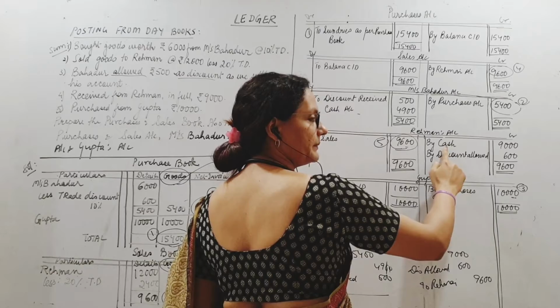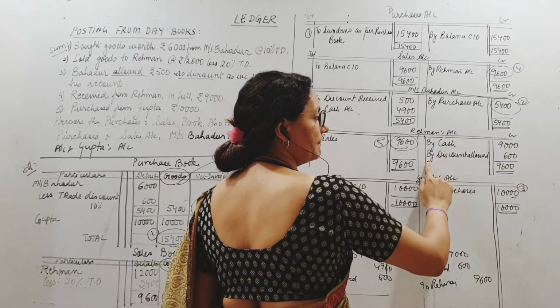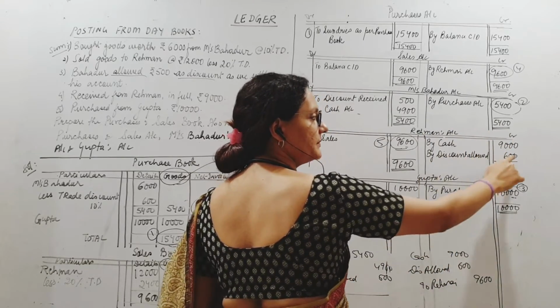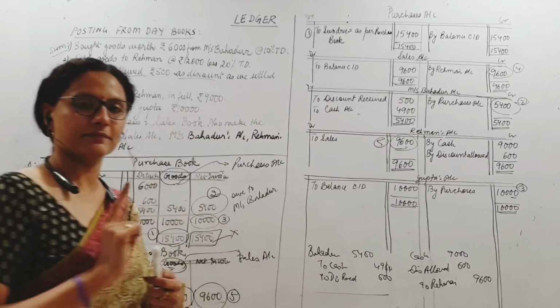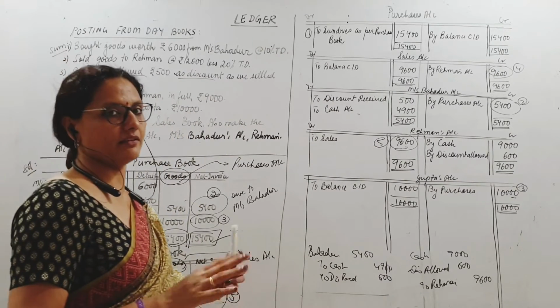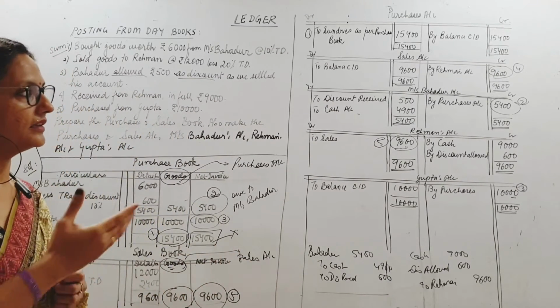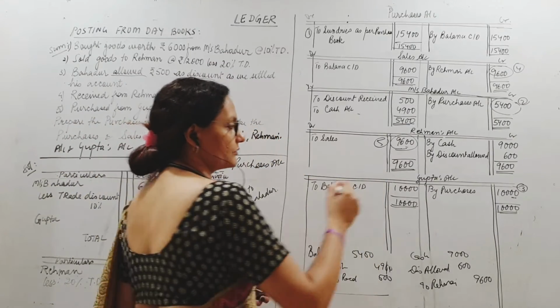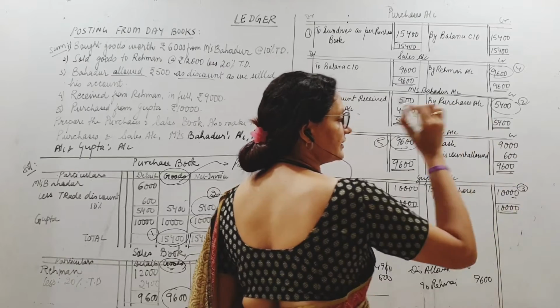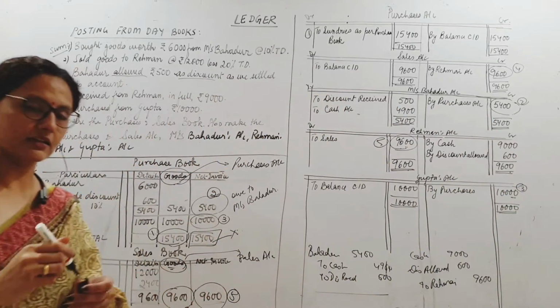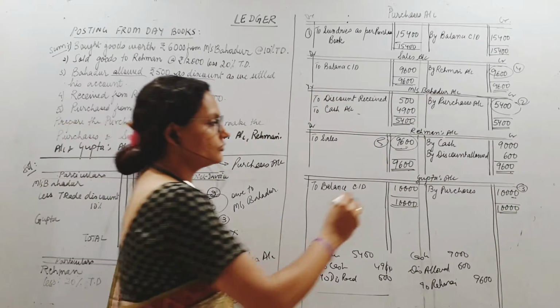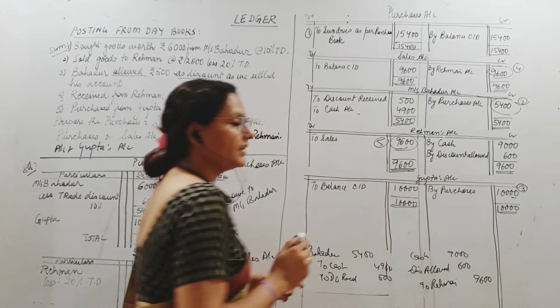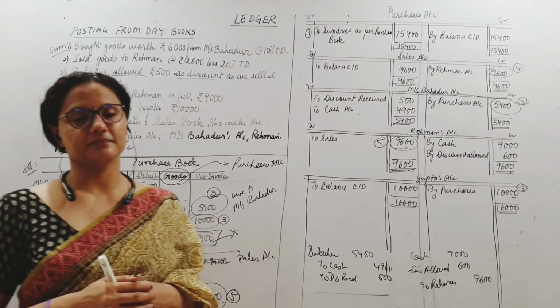Cash is coming in. I am debiting cash 9,000. By discount allowed. My expense I am debiting it. 600. After this, there will be again no balance in Rahman's account. So 9,600, 9,600. This is how I total up the account and close it. These two lines here show we are closing the account.